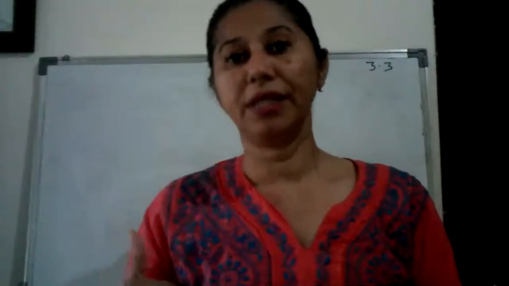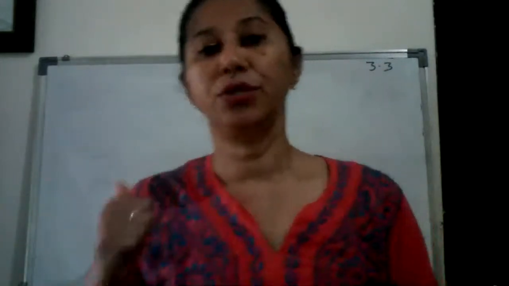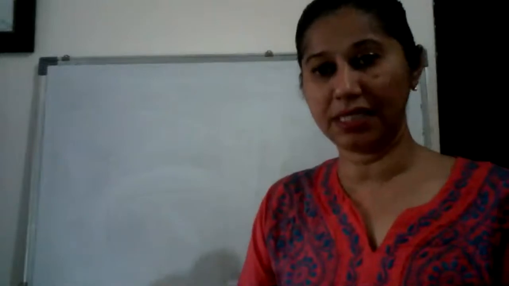I hope this is clear for 1, 2, 3, and 4, which are in your worksheet. Please remember, because this is most commonly asked in MCQs, fill in the blanks, and one more question. So now let us go for the first one: finding the factors, prime factorization, and divisibility test.